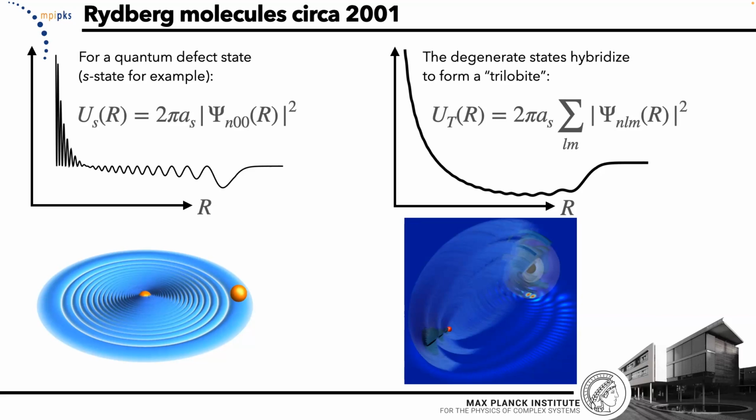Whereas when you take all these states out of this degenerate manifold, these hybridize together and form a much deeper potential curve, which again wiggles a lot as a reflection of the Rydberg electron, but with different properties due to this admixture of many different angular momentum states together. One of these, of course, being the fact that we get a very unique and very complicated electronic wave function out of this with all the different properties that this entails.